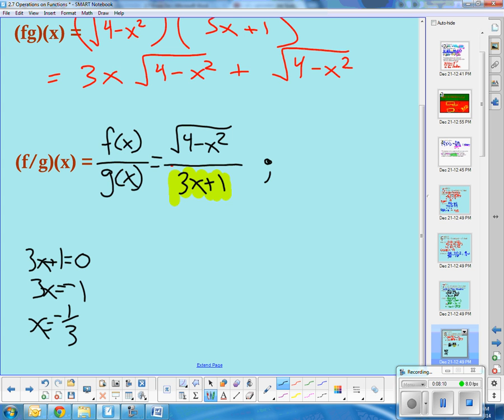So I have to say up here that x cannot be negative 1/3, whether I write it as an equation or an interval, so that I do not end up with a 0 in my denominator. Whenever you are working with a division of functions, you must do that every single time. That's really where people get tripped up.